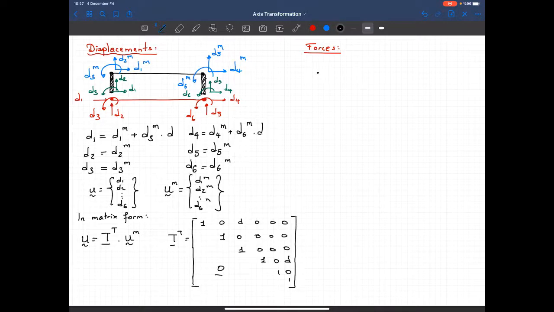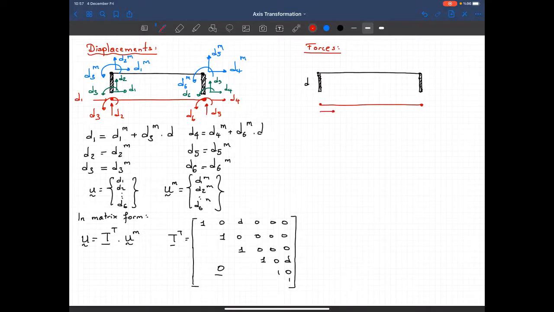Again, let me draw the figure first. So I have these rigid members here. I have my classical frame element.